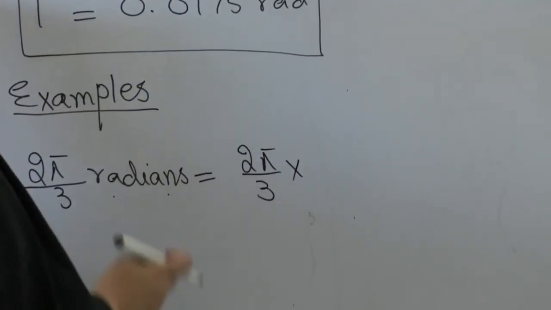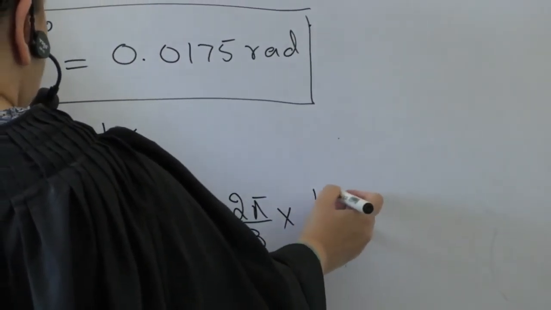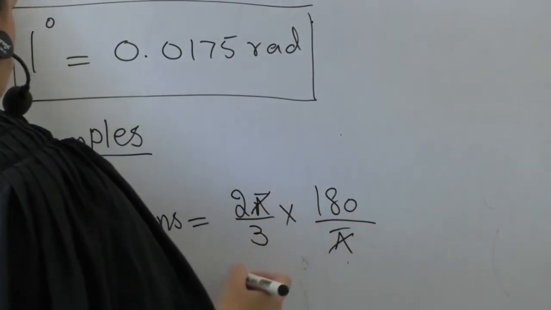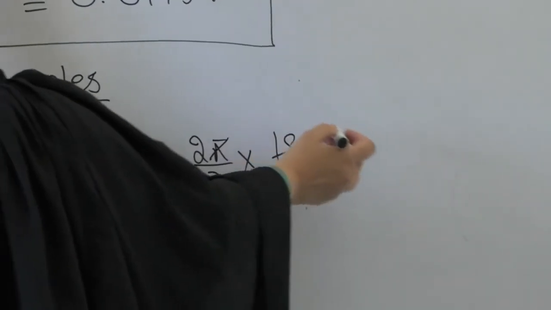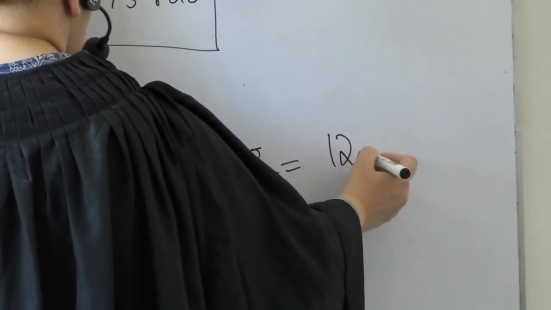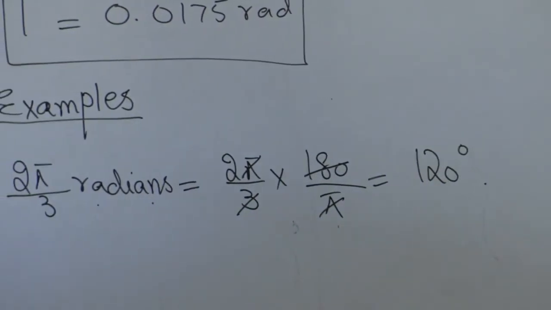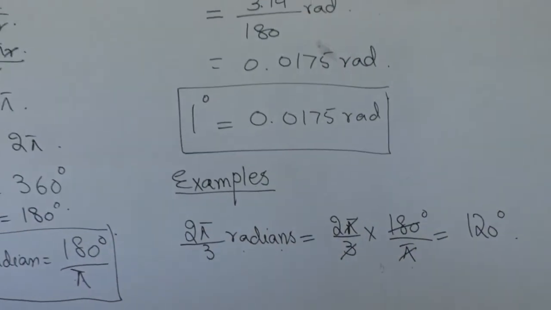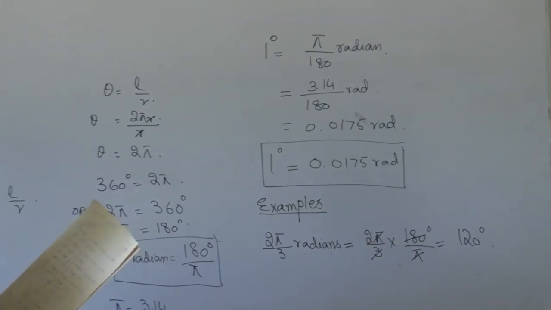We just write down the value of radian, that is 180 divided by pi. Pi will be cancelled, and when we simplify, it is 60 degrees, so the answer is 120 degree. Look students, very easily we can convert just by converting radian into degree. We will get the answer.